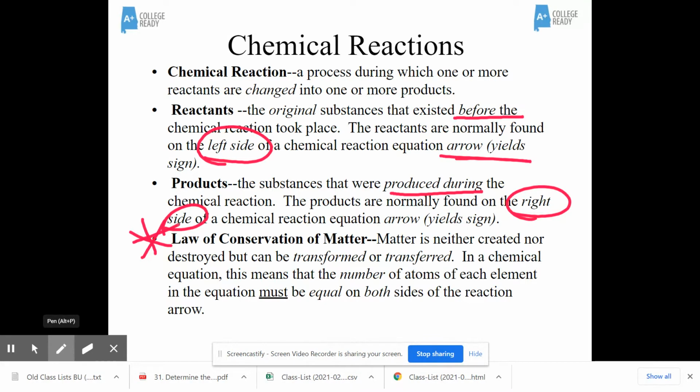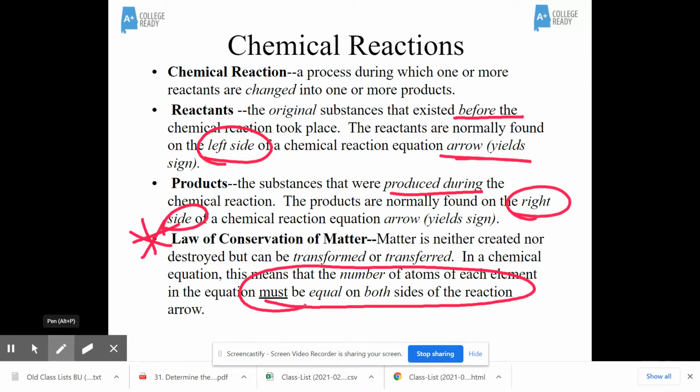Matter can't be created or destroyed; it can only be transformed or transferred. For our purposes, that means in an equation, both sides must be equal. We must have the same number and kinds of atoms on both sides. They can rearrange to make new products, but they're still going to be there.